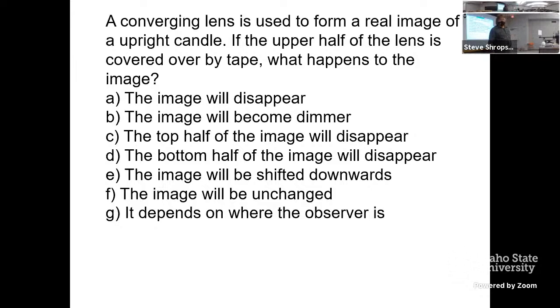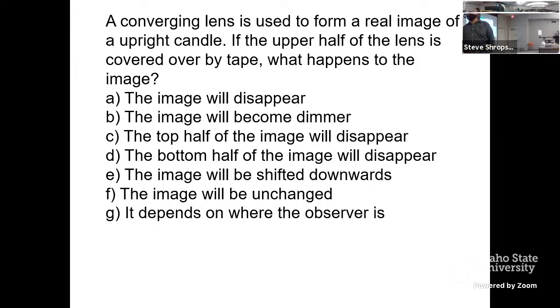Can I get a volunteer to defend C, please? That the top half of the image will disappear if I cover the top half of the lens. A volunteer to defend that idea, at least, please.